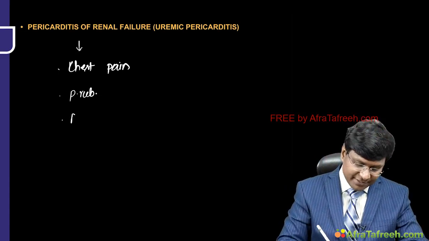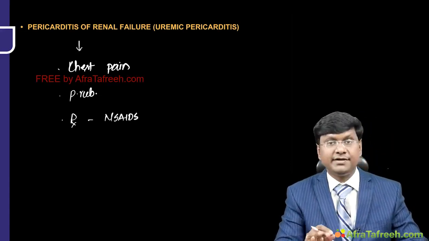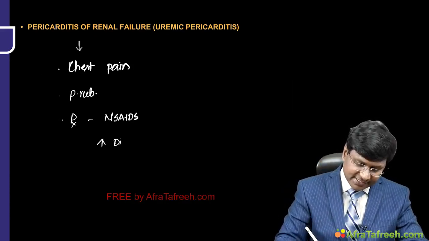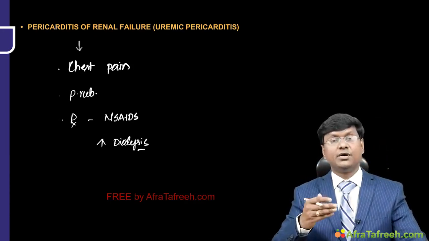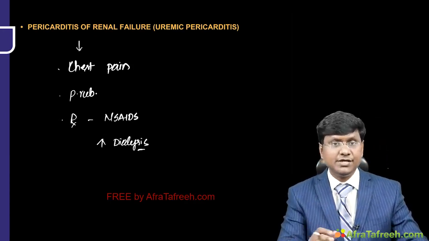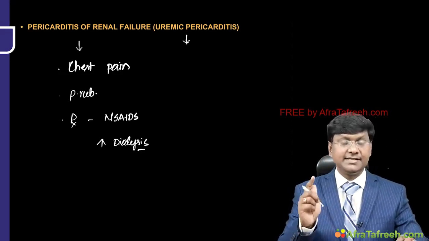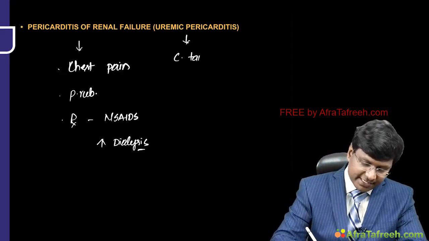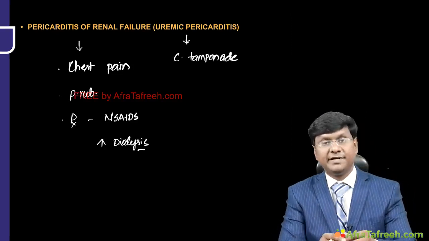So how do you treat these patients? You need to give non-steroidal anti-inflammatory drugs, that is aspirin, and you need to intensify the dialysis. In uremic pericarditis, intensifying the dialysis will be more than adequate. And the very important complication these patients can develop is cardiac tamponade, where there is abrupt accumulation of fluid in the pericardial space.